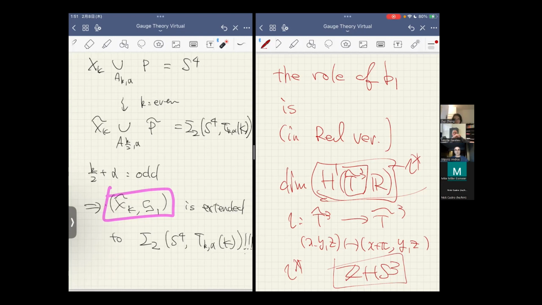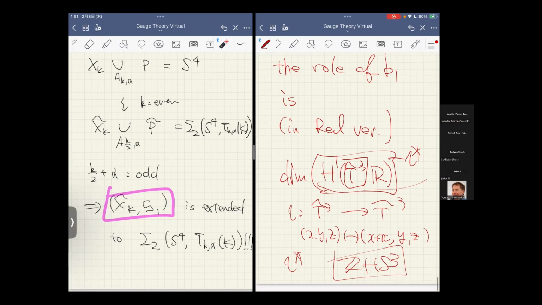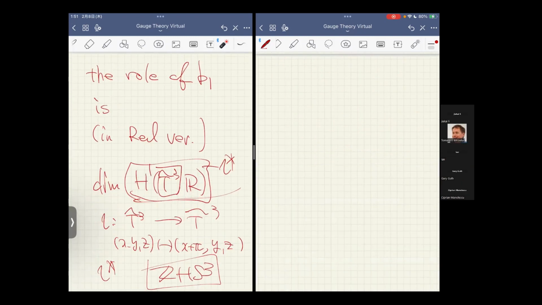I'm going to try to understand why, if you take two knots and connect sum them, you would get a non-trivial invariant, right? So something interesting should be happening for the Floer homology of the unknot here, right? The unknot in S3.